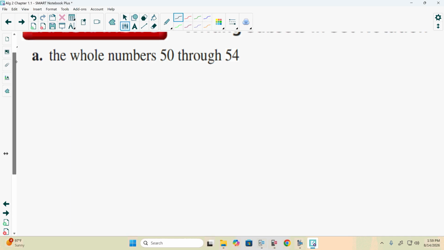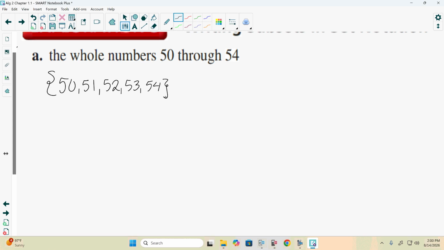Is it doable to write this out? Yeah, because we can go brace, and our first number would be 50. And then 51, 52, 53, 54. That's it.